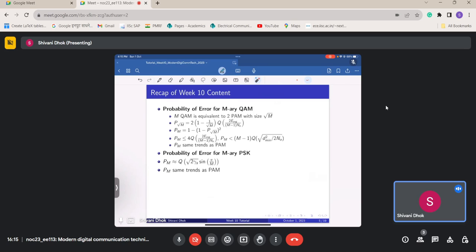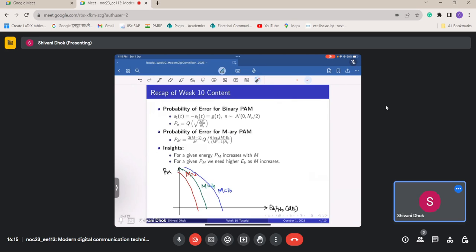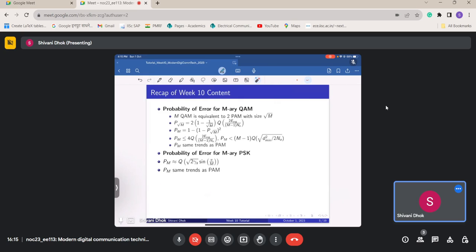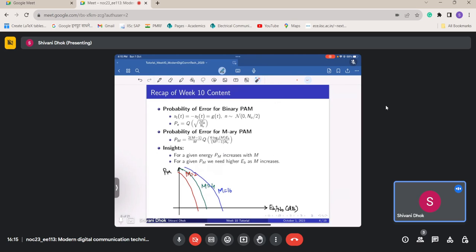After that, we found some upper bounds on this probability of error, which came out to be something like this. Furthermore, we looked at similar insights as we did for pulse amplitude modulation. We observed something similar happening: as M increases for a given energy, we get a higher probability of error.